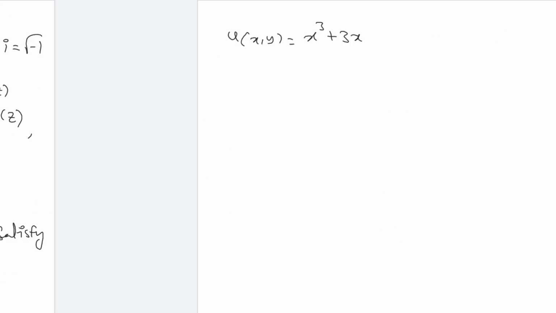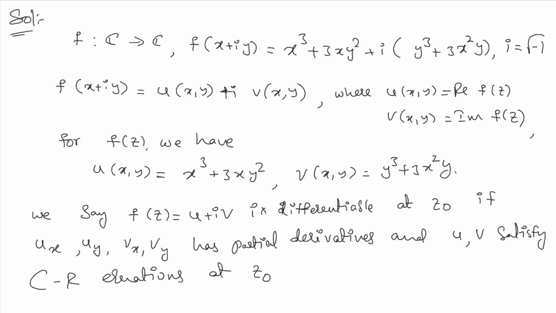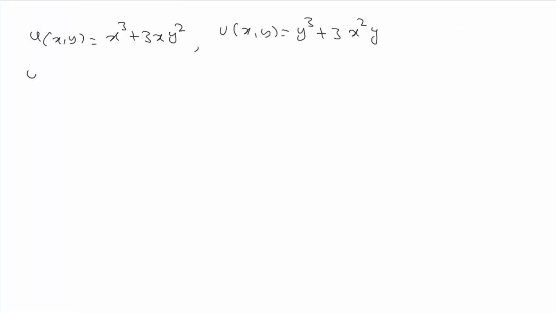So we have u of x comma y equal to x cube plus 3xy square, and v of x comma y equal to y cube plus 3x square y. From this we have ux equal to 3x square plus 3y square and uy equal to 6xy.